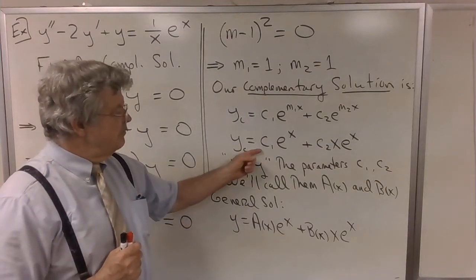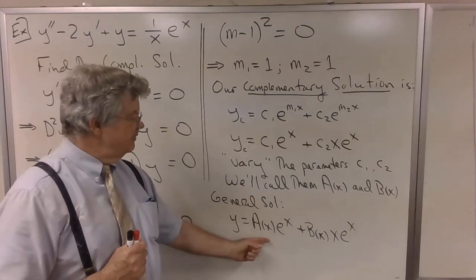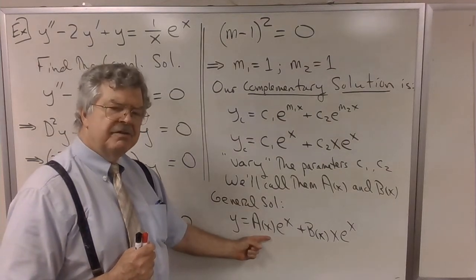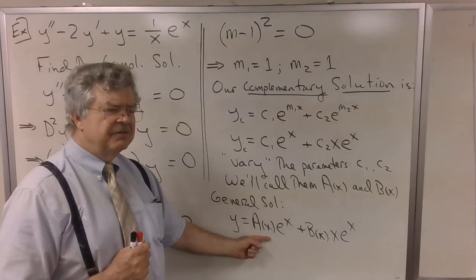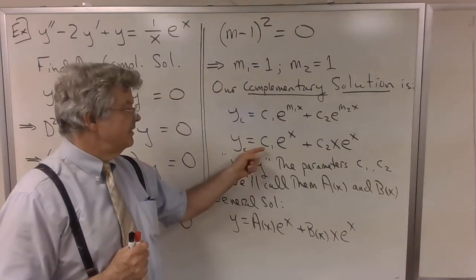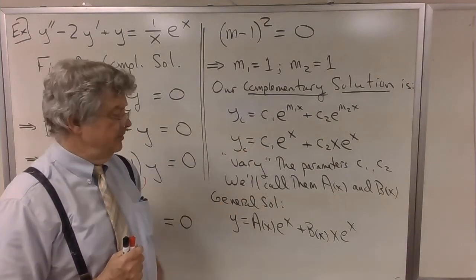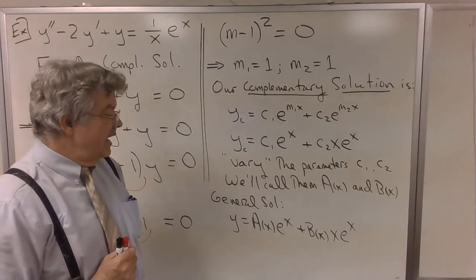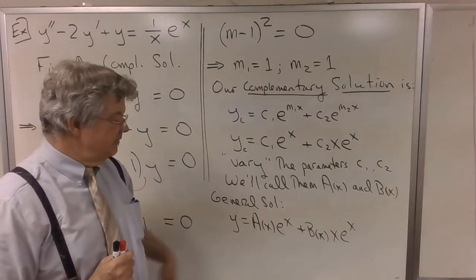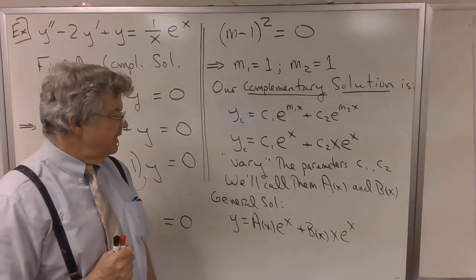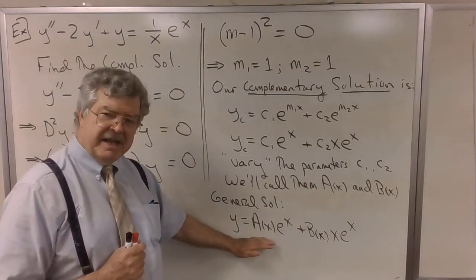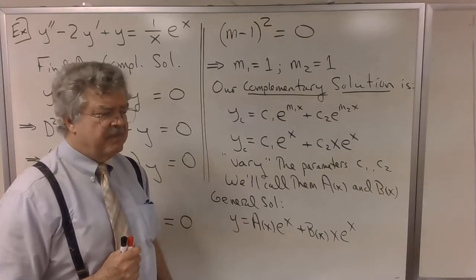So to take the complementary solution and transform it somehow into the general solution makes sense, because the general solution contains the complementary solution. And for some pair of functions, a of x and b of x, this transformation actually creates the general solution.